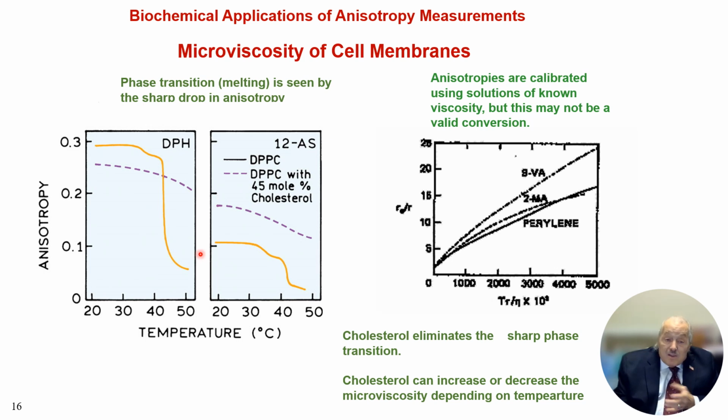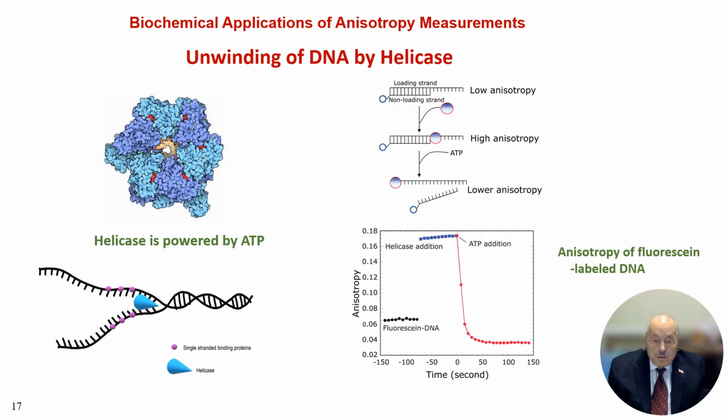So the anisotropy can go either up or down when you're inserting it into a membrane, depending on where you are in the temperature range, or stated another way, you could say that the cholesterol sort of eliminates the phase transition. But anyway, this has been a very useful way of looking at the dynamics of membranes.